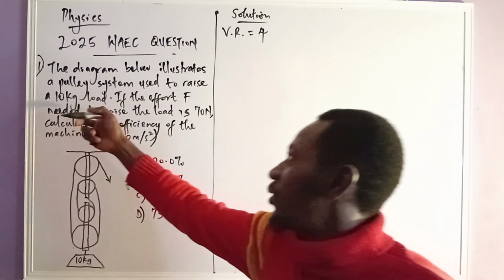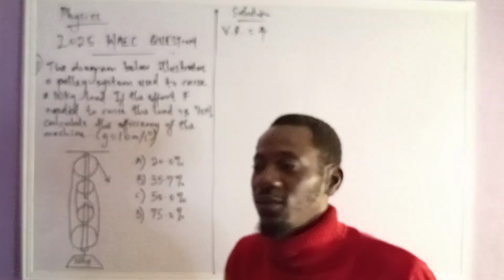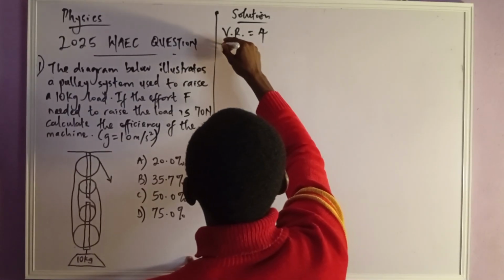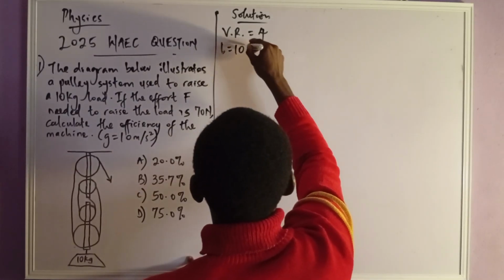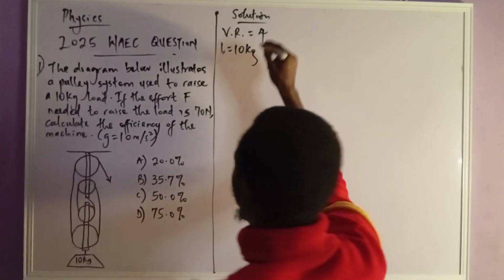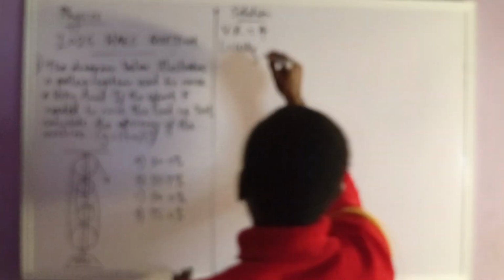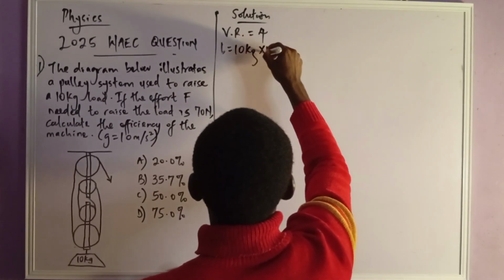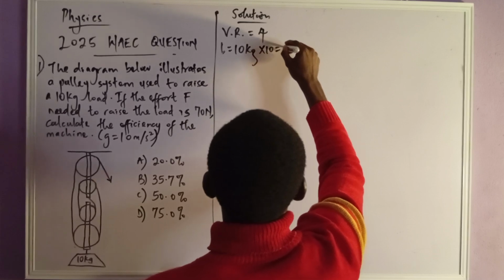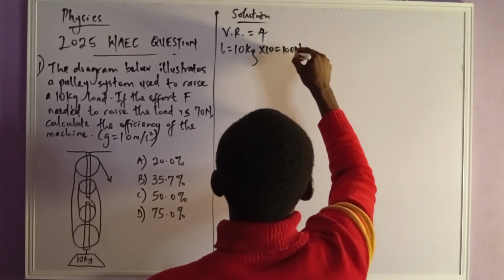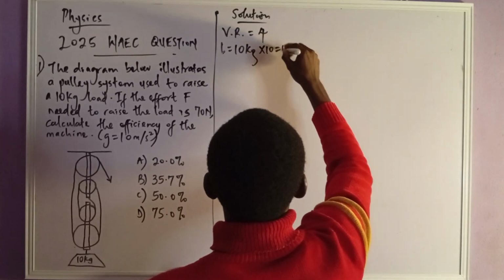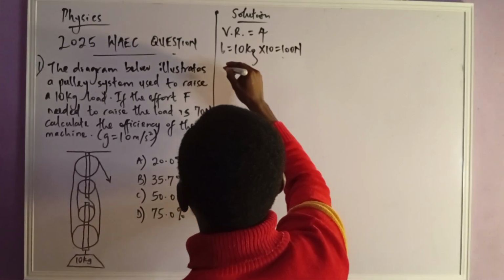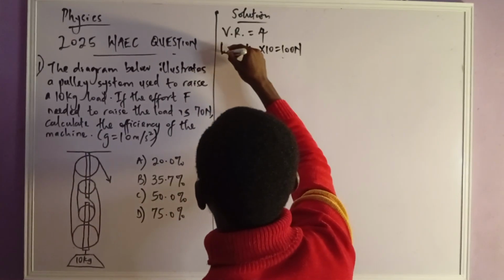So we are going to turn the kilogram value to a Newton value. In order to turn the kilograms to Newton, we multiply the value by 10, and this will be 100 newtons, and that is our load.